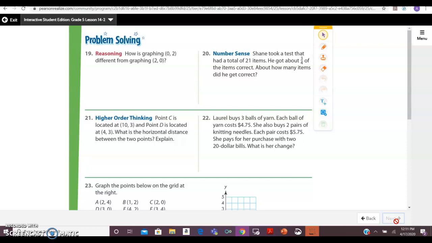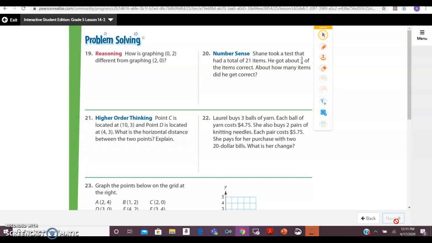Shane took a test that had a total of 21 items. He got about 3/4 of the items correct. About how many items did he get correct? Number 21. Higher order thinking. Point C is located at 10, 3, and point D is located at 4, 3. What is the horizontal distance between these 2 points? Explain.